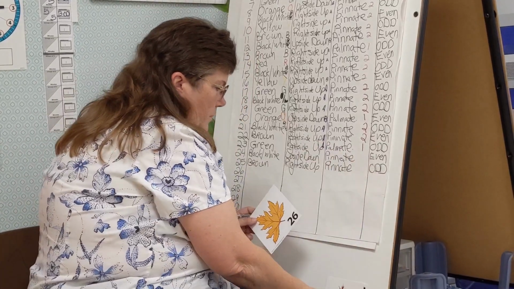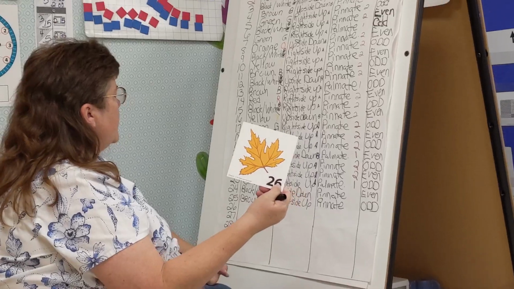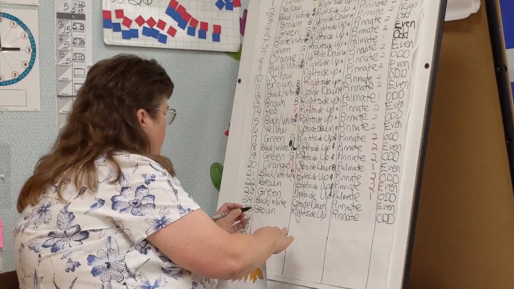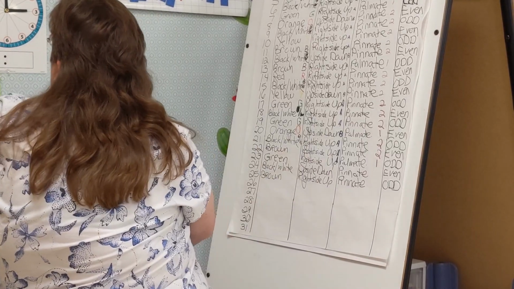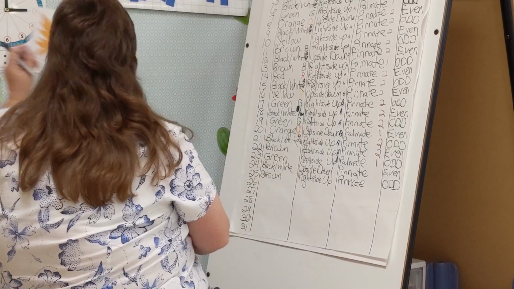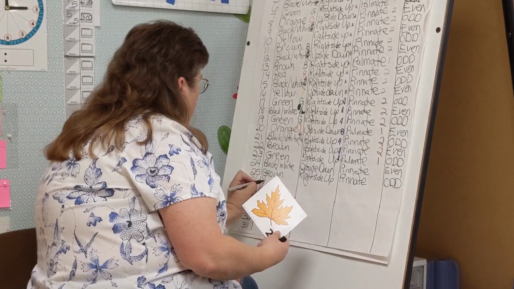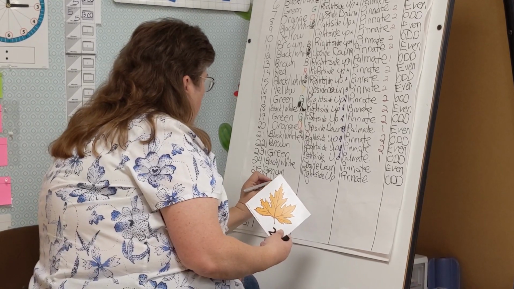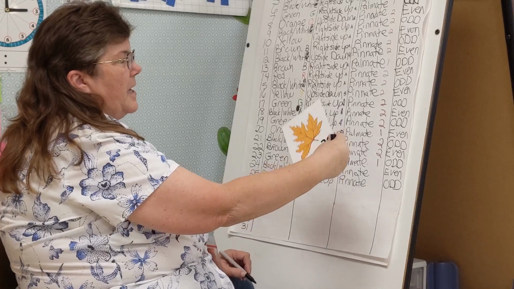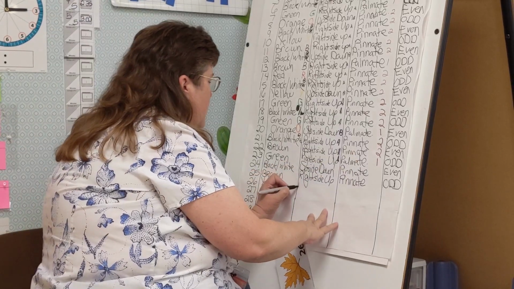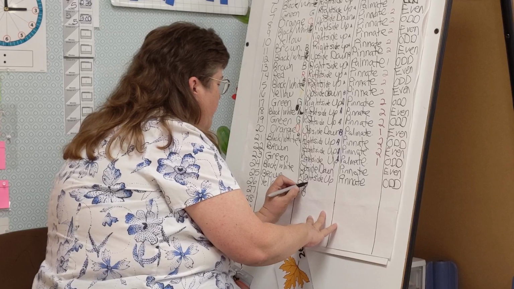Okay. 26. Let's say this one is a yellow. It might be orange, but I think yellow. Pointing mostly up. It was kind of to the side, but it's pointing mostly up. So we'll say right side up.